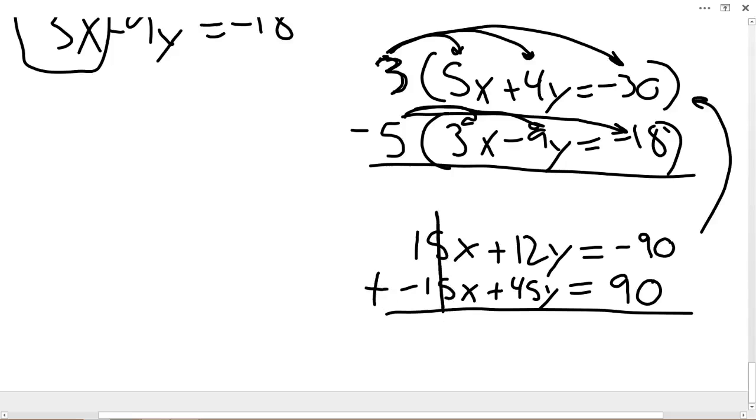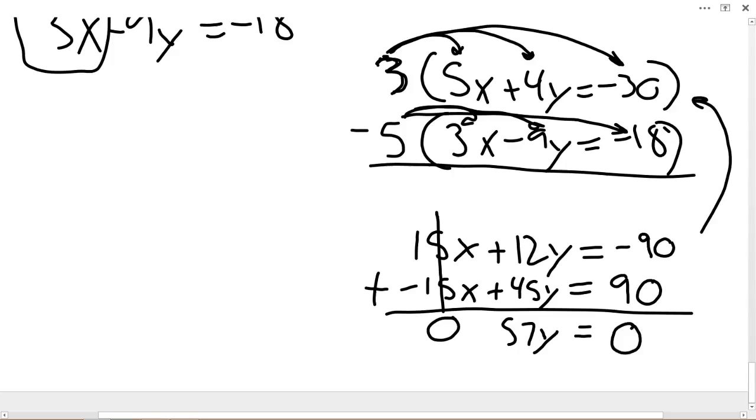Because 15x minus 15x is just 0. 12y plus 45y, what do we get, you guys? It becomes 57y. Bring down the equal sign. Negative 90 plus 90 is 0.